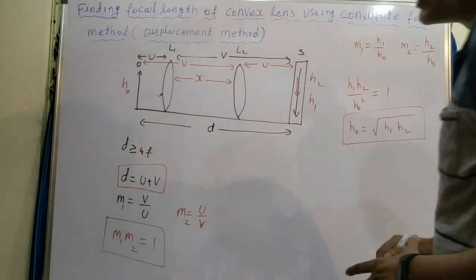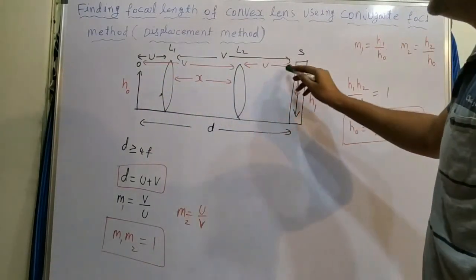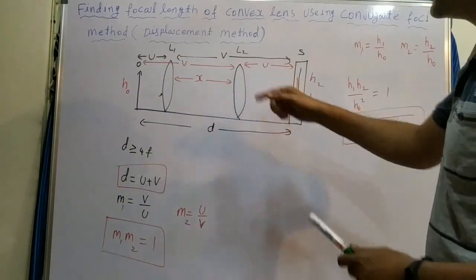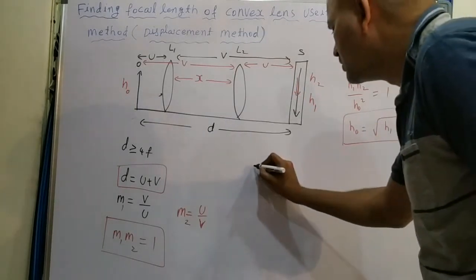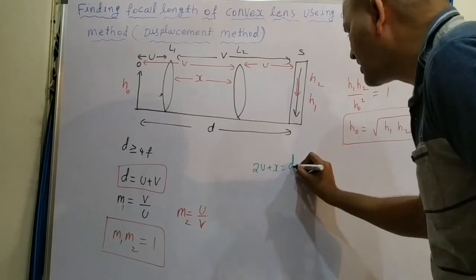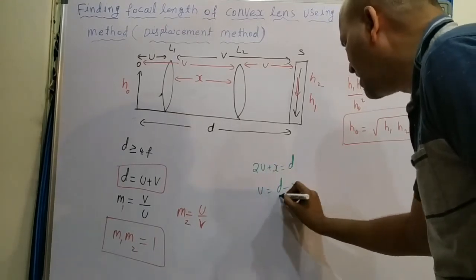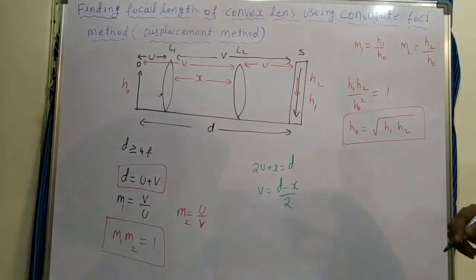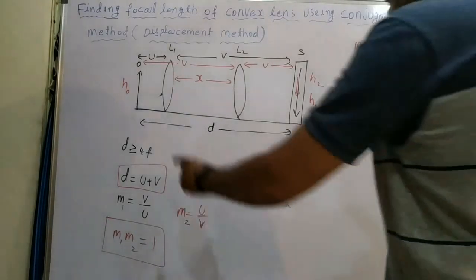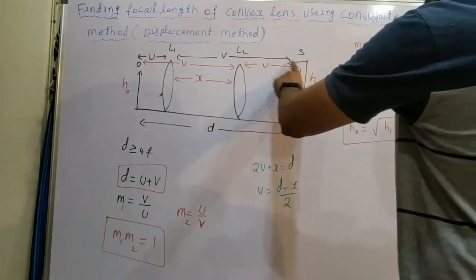From this diagram we can write: here you see this is u, this is x, and this is u. So u plus u plus x, 2u plus x, is equal to d. From this, u is equal to d minus x by 2. Similarly, from here to here is v, and this part from here to here is also v.